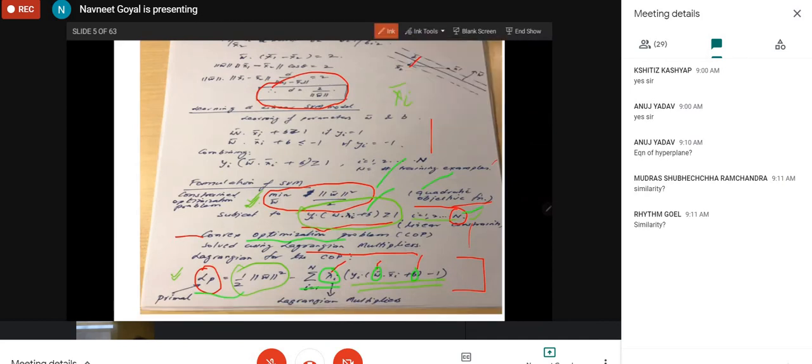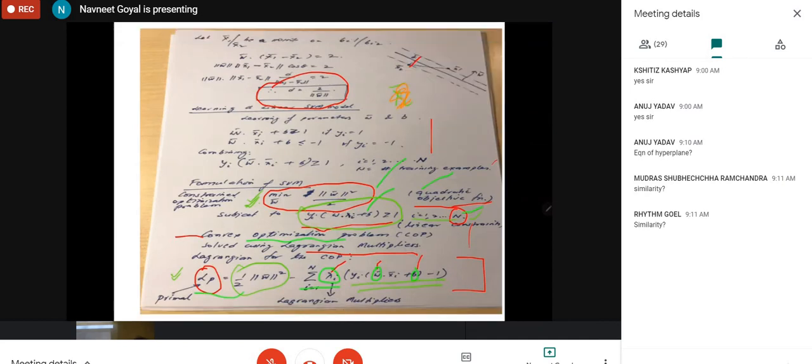Whenever you have x i and you replace it by phi of x i, you get the corresponding nonlinear formulation. That's the only change you need to carry out. So keep this in mind, I'll use it later.